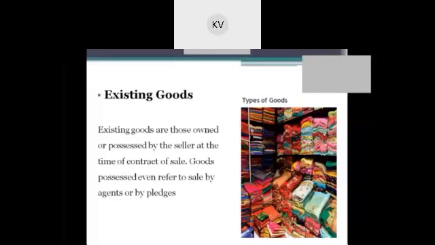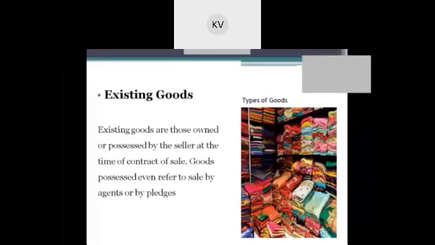In existing goods, the ownership has already been possessed. Okay, and goods means every kind of movable property, I said, isn't it? So shares, stocks, growing crops, everything I said is considered as goods. Okay, so in goods only we are seeing these existing goods.